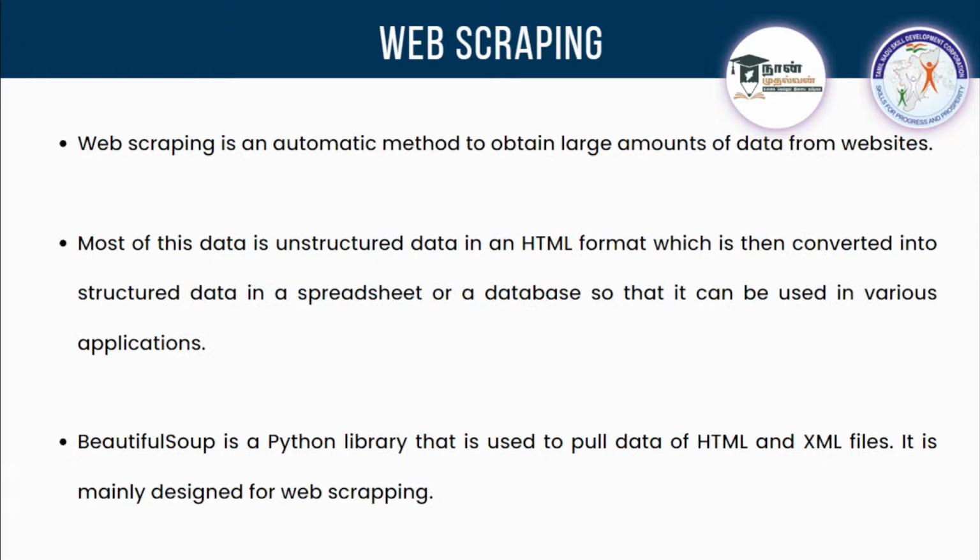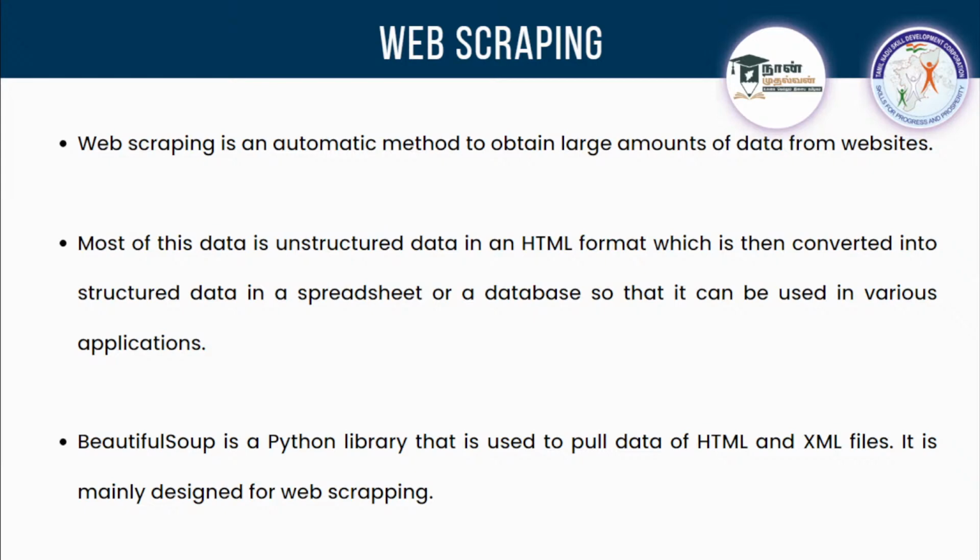Web scraping is an automatic method to obtain a large amount of data from websites, and most of the data is unstructured data in HTML format. So you need to convert it for further applications. When you go for data science or machine learning, this data plays an important role, and you need structured data to give to the machine to learn and do predictions and so on.